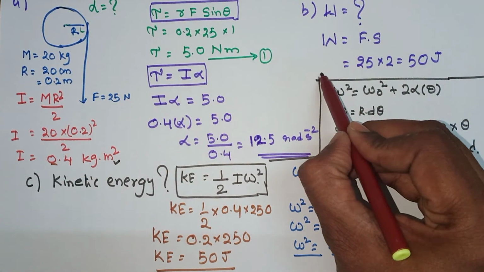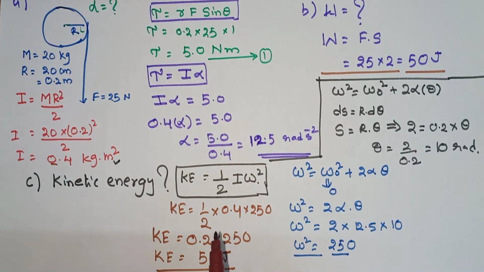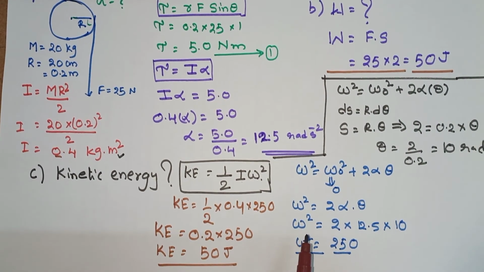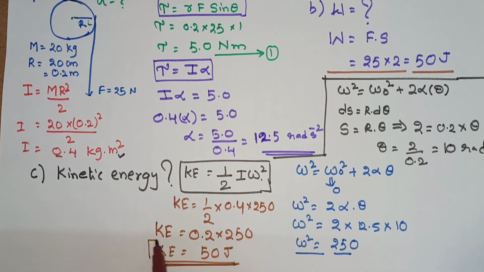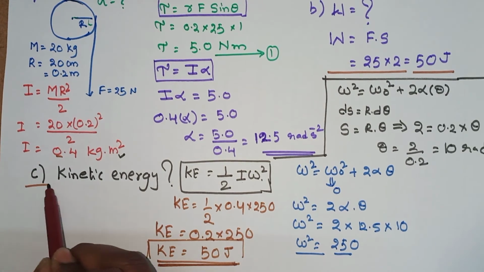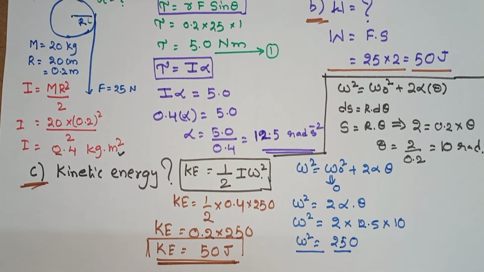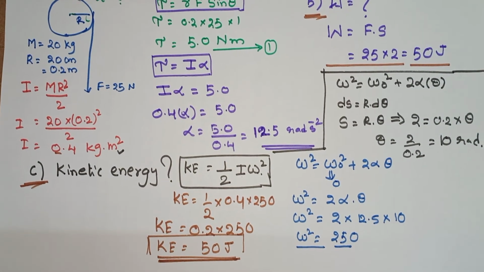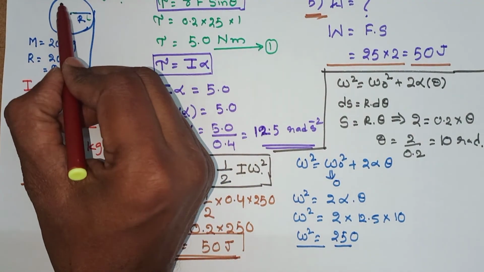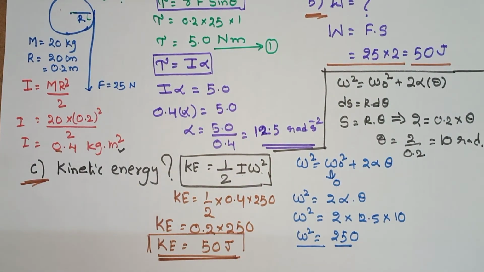We obtained here work done or kinetic energy as 50 joules. The answers of part B and part C are the same. So what you can conclude is no energy has been wasted in friction or other things. There are bearings, no friction was observed. So work done and kinetic energy are equal here.